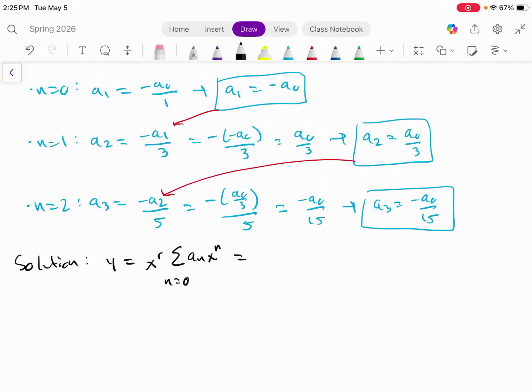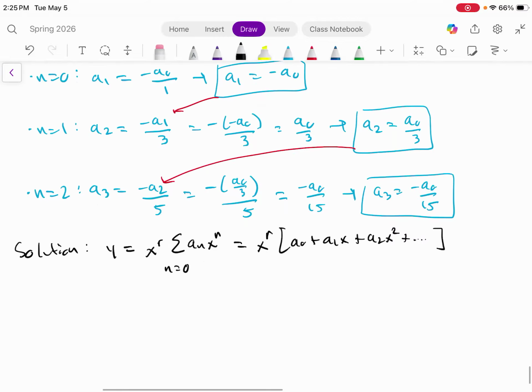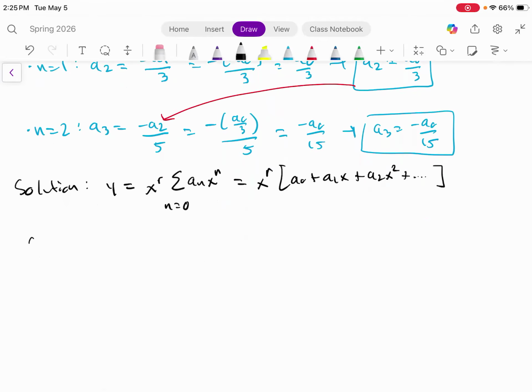And that specific power series, if we expand it a bit, is going to look like a naught plus a1x plus a2x squared plus dot dot dot. So we actually have two of these series, each for their respective r value, r equals 1/2 and r equals 0. So we have our two solutions.